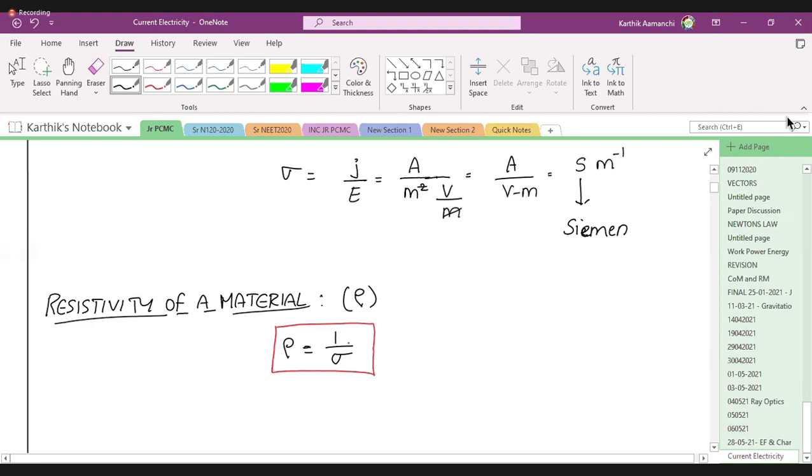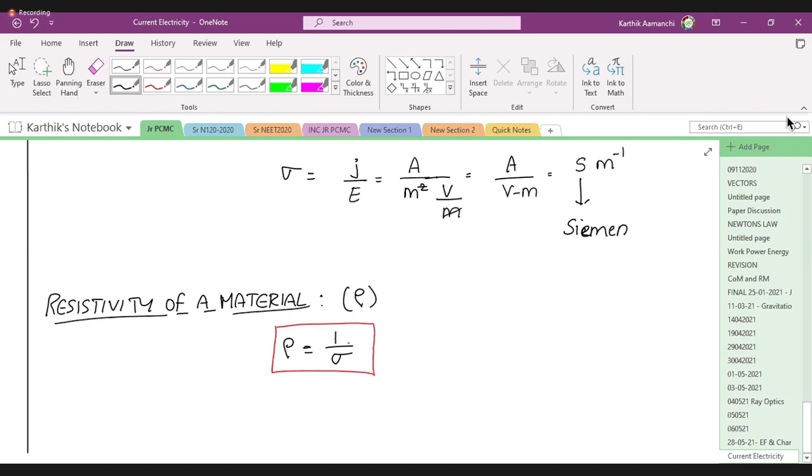So resistivity is also a property of a material. Resistivity means the resistance offered by a body towards the flow of charge. If your body is resisting the flow of charge through it, that is your resistivity.